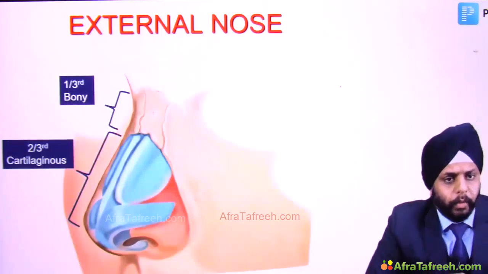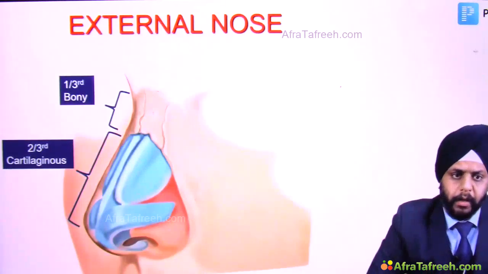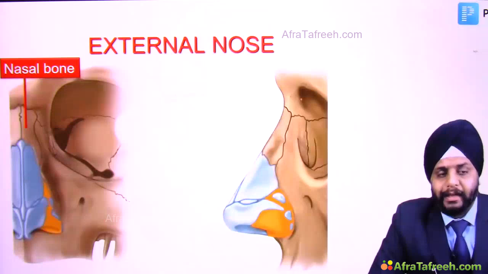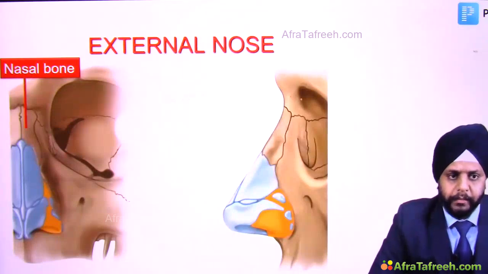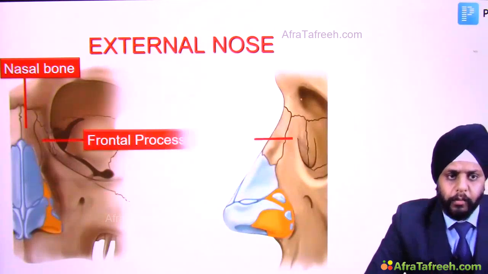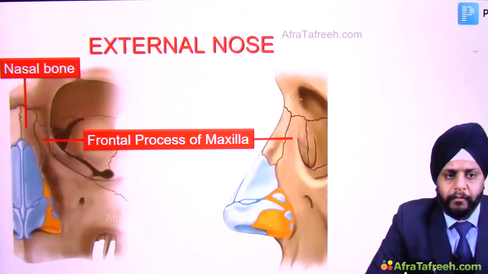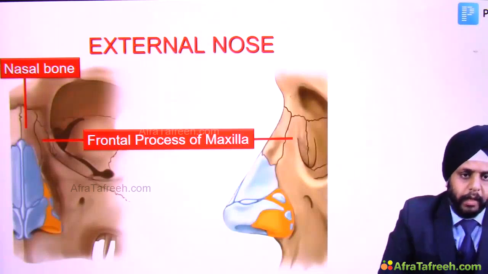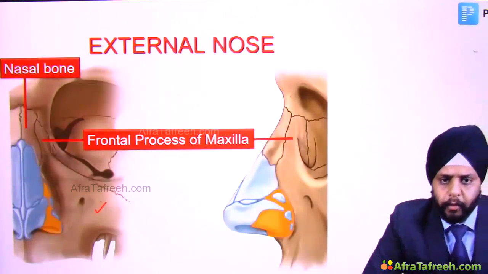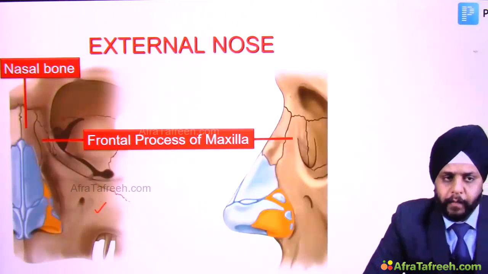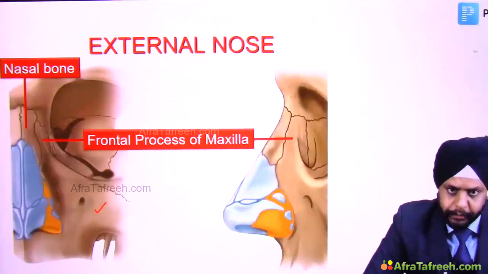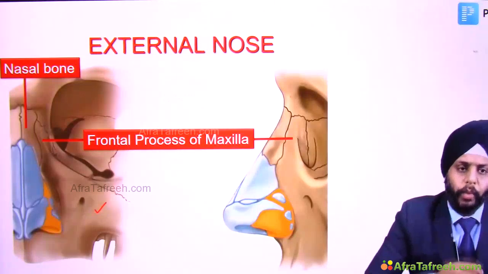Now this upper 1/3, the bony part, is formed majorly by the nasal bone, as you can see over here, but it is also contributed on the sides by the frontal process of maxilla. You can see this is the maxillary bone, it goes up and forms the frontal process of maxilla that supports the nasal bone laterally, right? So this is the upper 1/3.